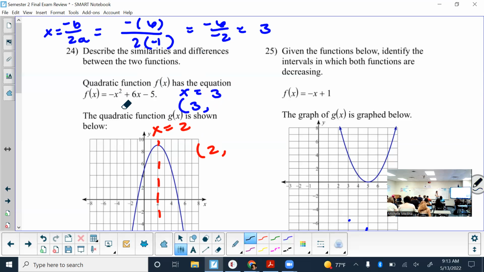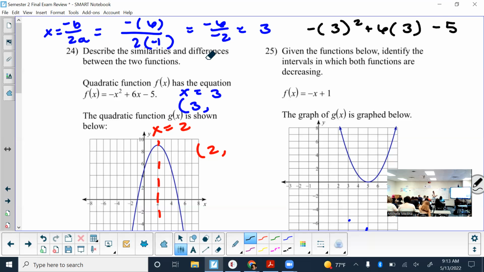So then anytime you plug stuff in, make sure you put parentheses. So the negative was already outside the x. When I plug it in, it looks like this. Negative (3) squared plus 6 times 3 minus 5. And you enter it just like that. If you don't put the parentheses, you get 2 different answers. You have to enter it just like that.